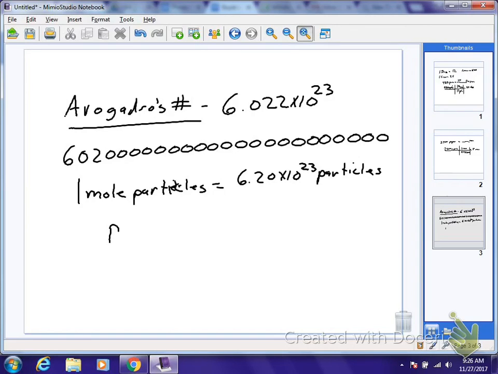Well, our particles are really, really small. We can't see them with a regular light microscope or an electron microscope. They're even tough to focus on and look at. So particles could be such things as atoms. Could be such things as molecules.